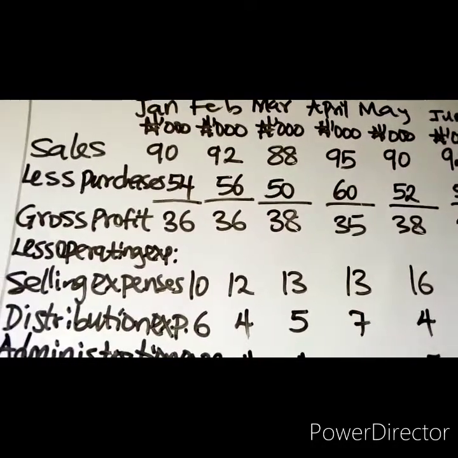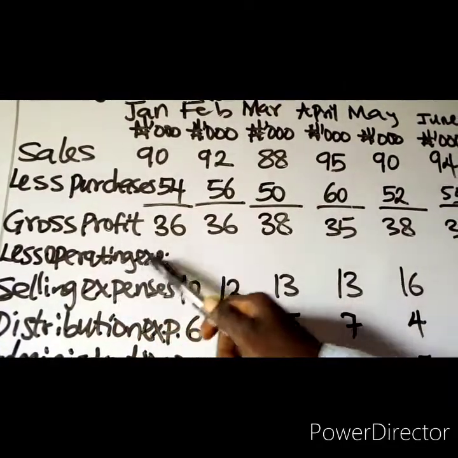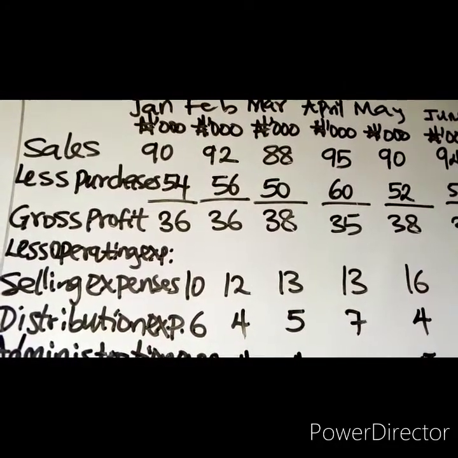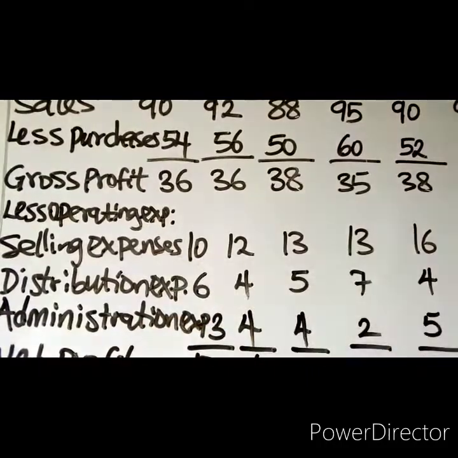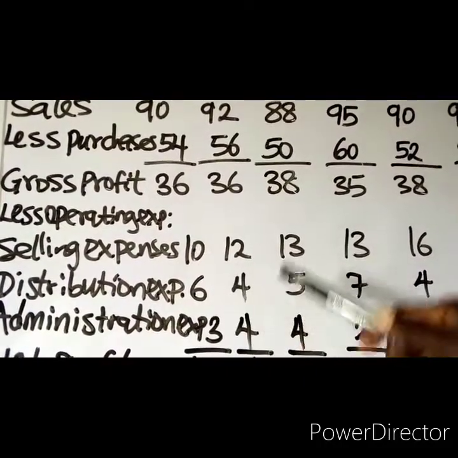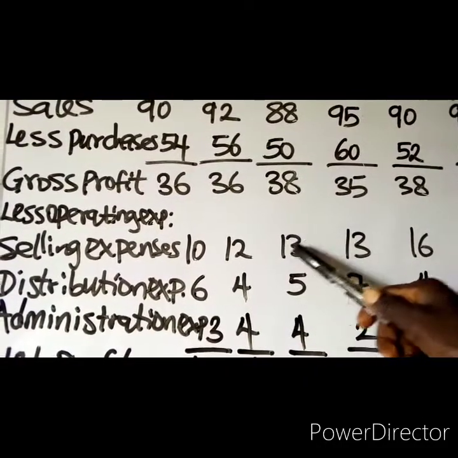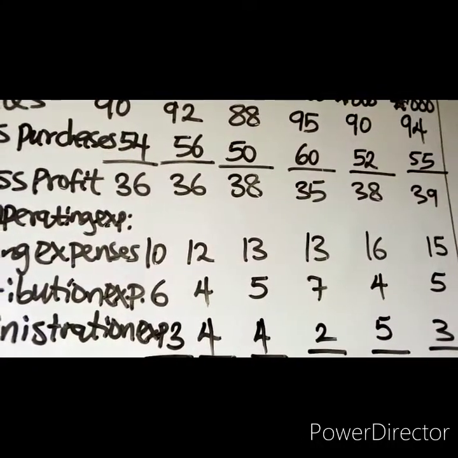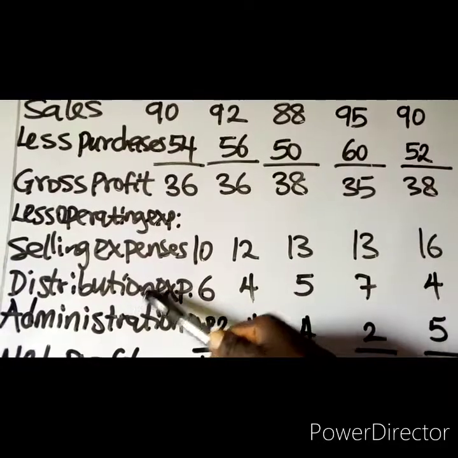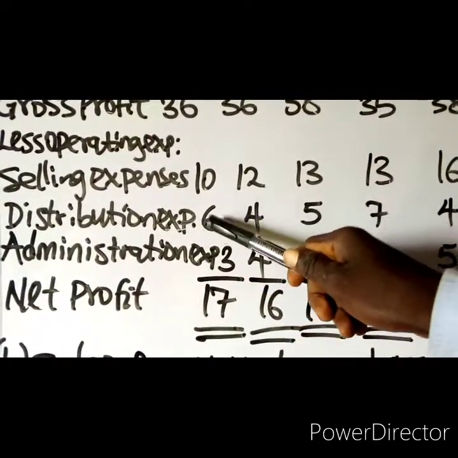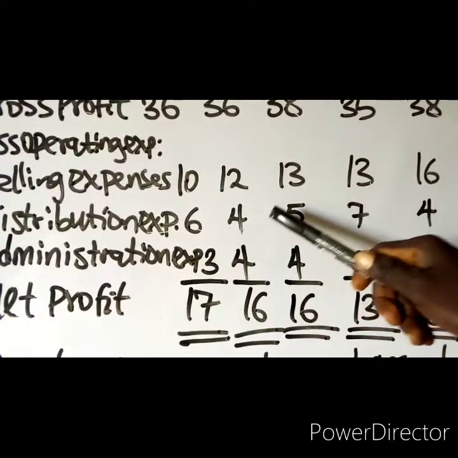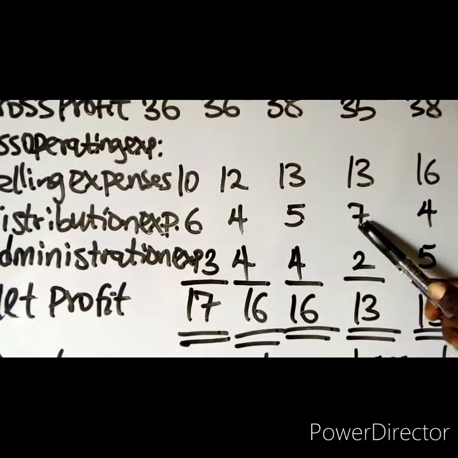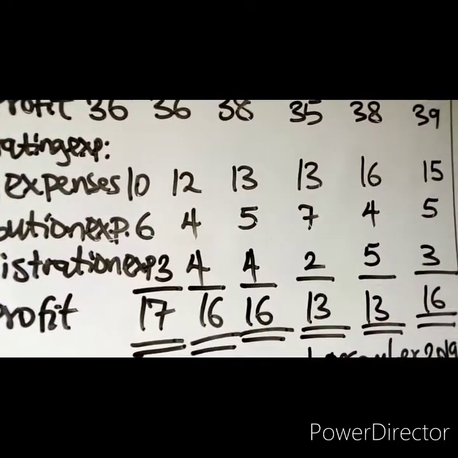Then you also have less operating expenses. Then selling expenses 10, 12, 13, 16 and 15. Distribution expenses 6, 4, 5, 7, 4 and 5,000.